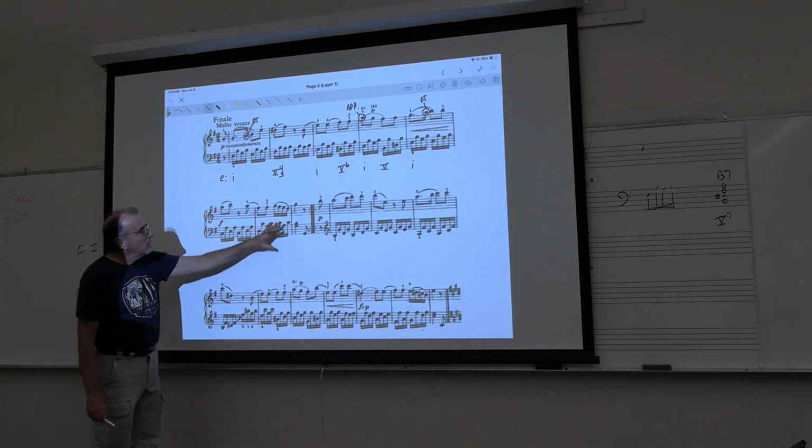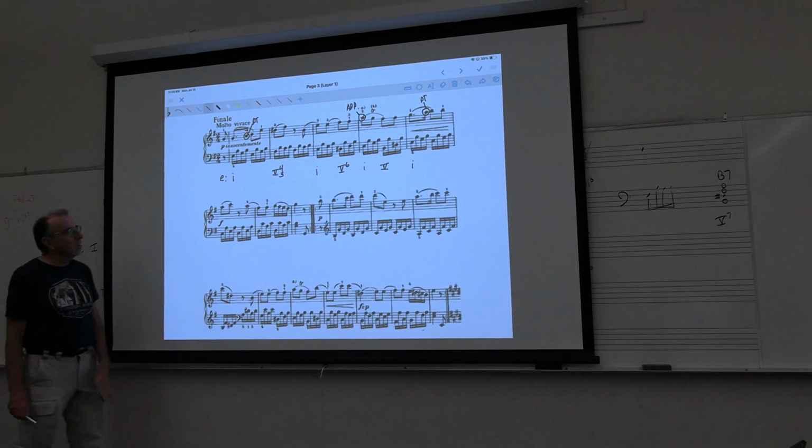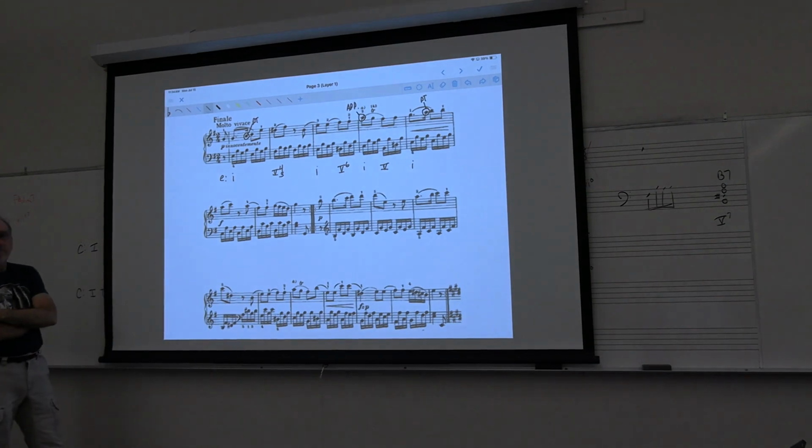Again, maybe just look at the left hand, but you can also look at the right. It's a D7, right?